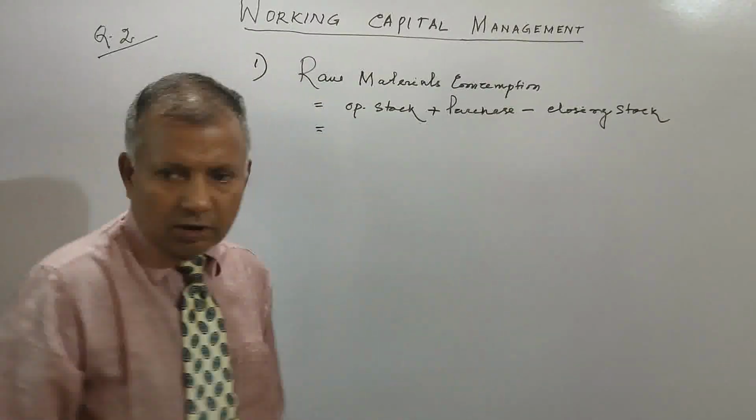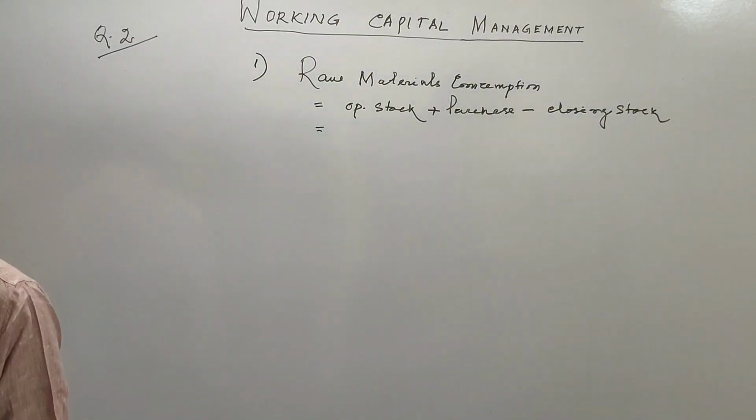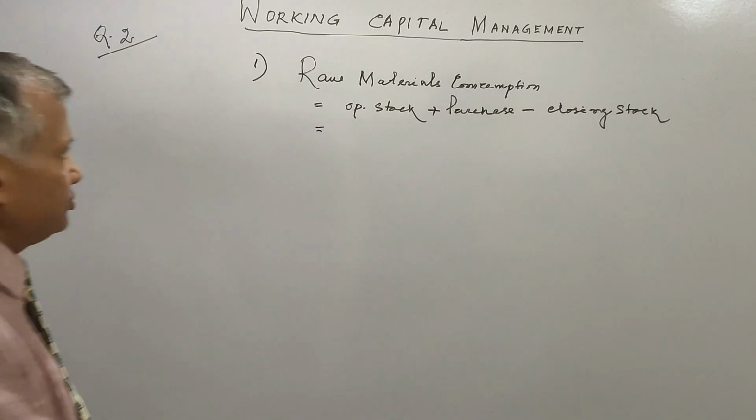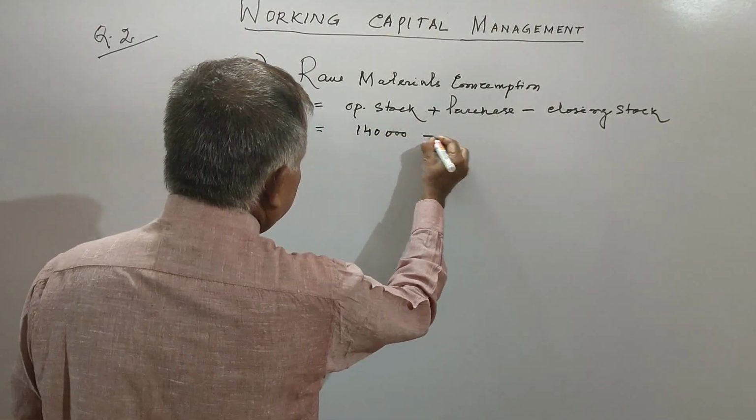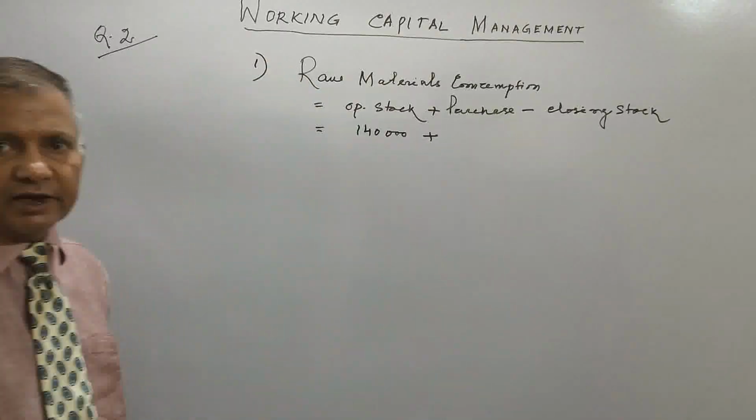The opening stock of raw material was 1,40,000. This is in the question.